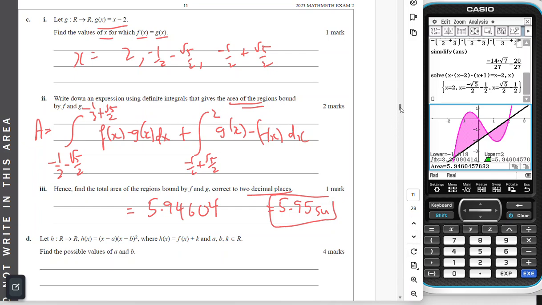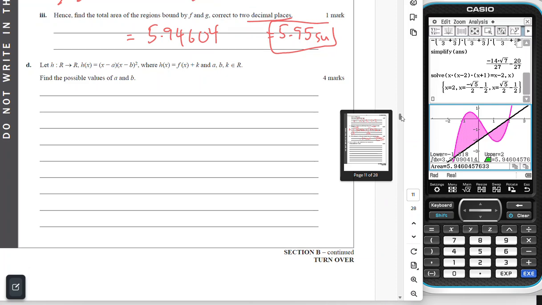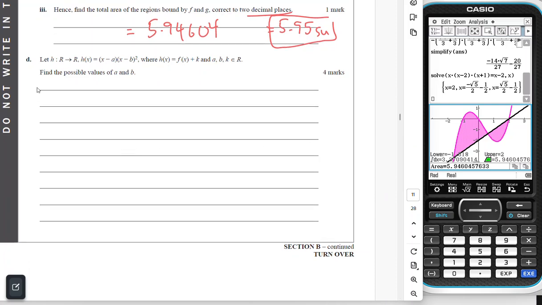And in part D, 4 marks. So, f of x is x minus 2, x plus 1, and I want to add h to that.